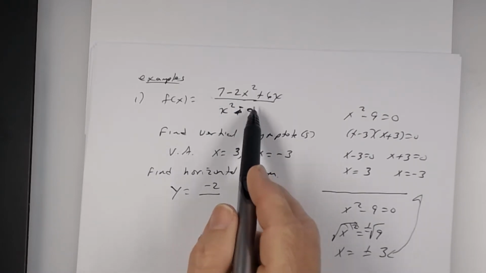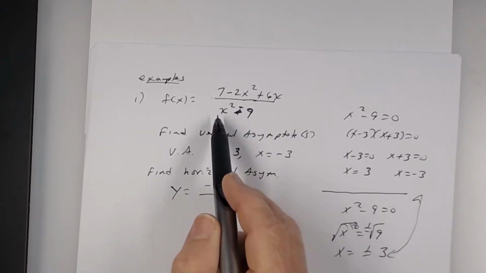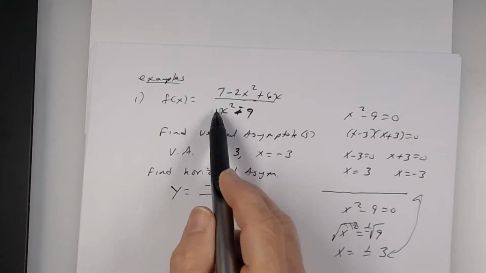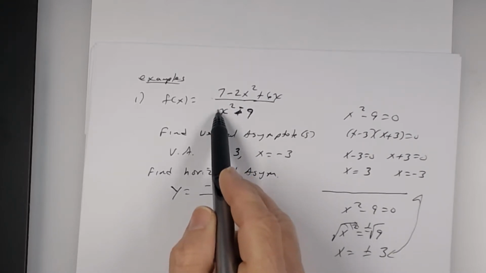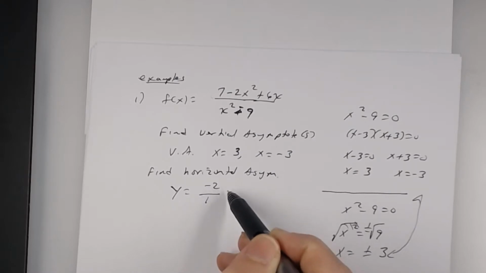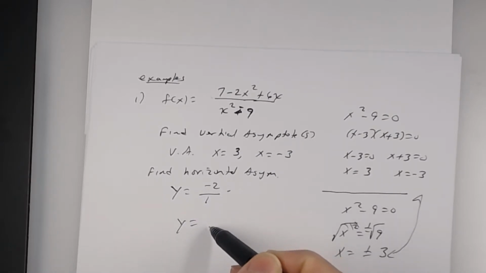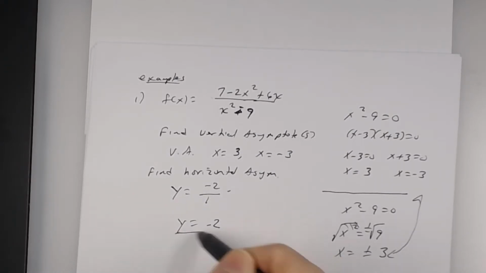And then what do you think is the leading coefficient of the denominator? 1. No, 1. Who said -9? I did. So that's your largest degree term here. So that coefficient here is 1. So what is your horizontal asymptote? Y equals -2. Okay?